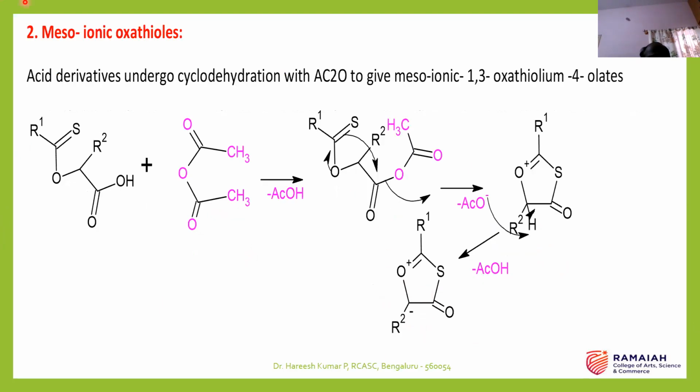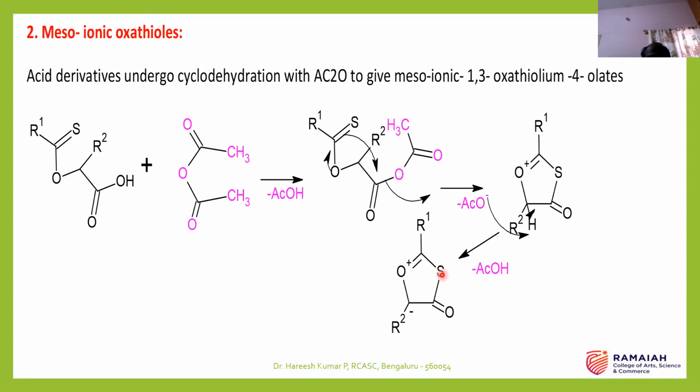So next slide is about the meso-ionic oxa. Okay, what is this? O and sulfur. O and nitrogen is called oxazole, and O and sulfur is called oxathiol. Okay, oxathiol.